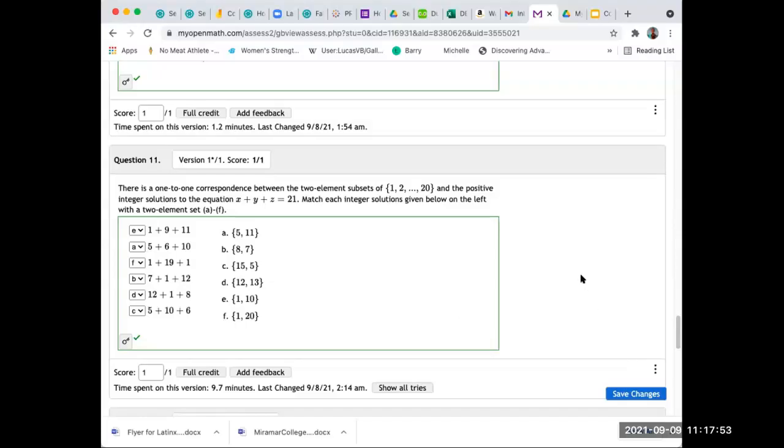Chapter 2, basic counting techniques, Lauren. Number 11. Let's look at this one. All right, cool. So I think, Lauren, this is the first one you asked me about. Yeah. Question 11.